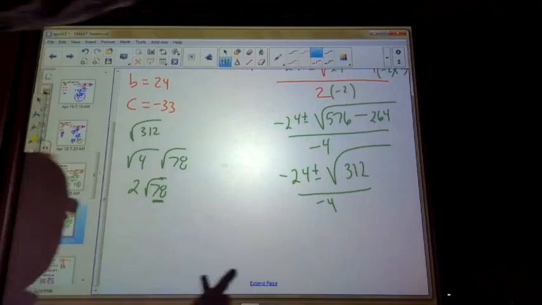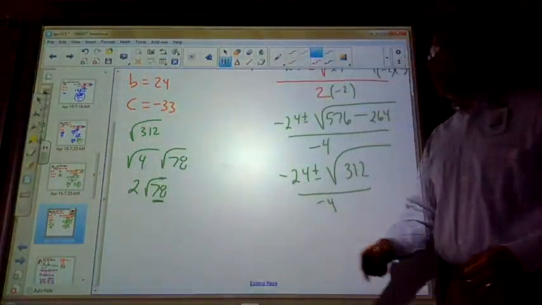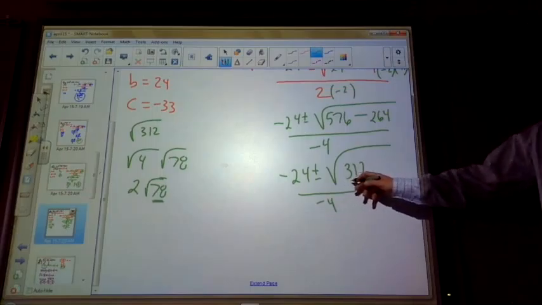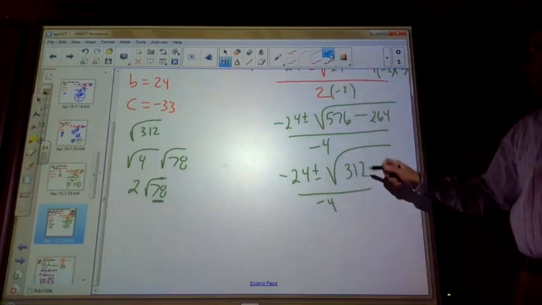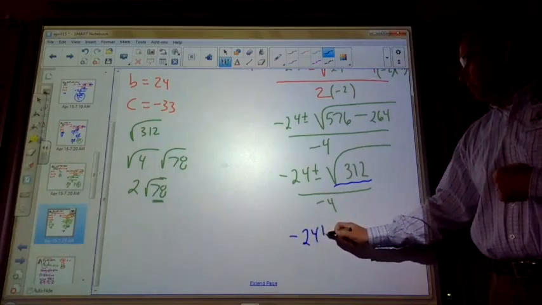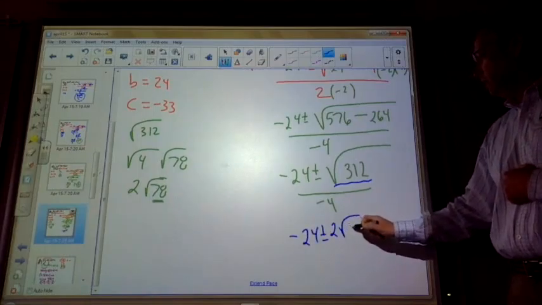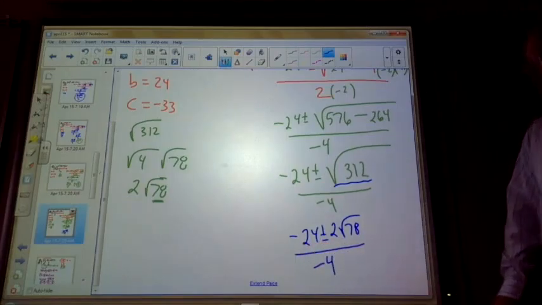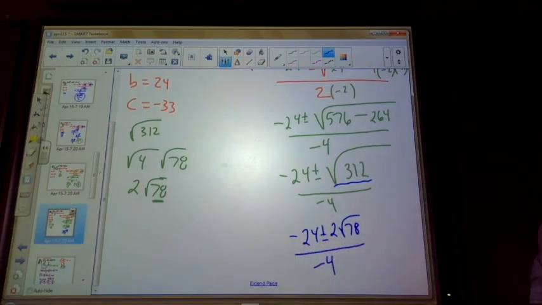So where I have root 312, I'm going to put what in? 2 root 78, thank you. So negative 24 plus or minus 2 root 78 all over negative 4. Does negative 24, negative 4, and 2 have something I can reduce? 2, good.